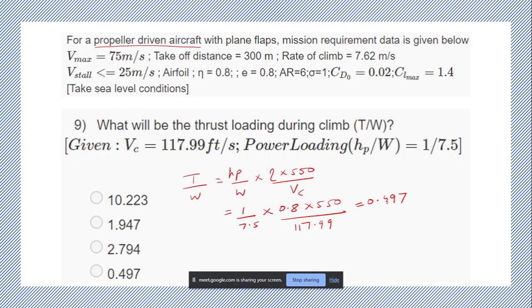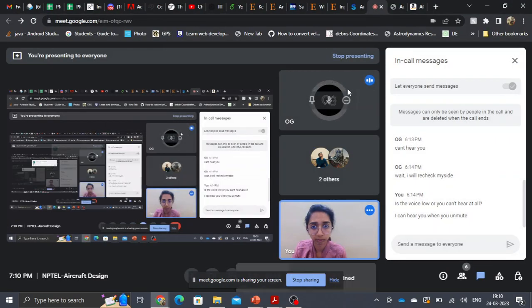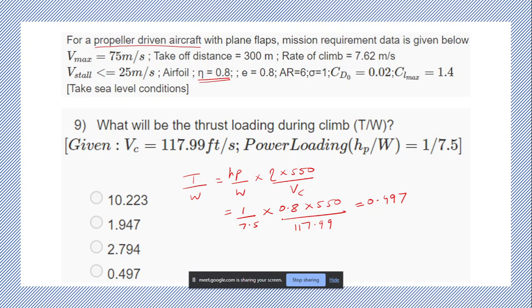Eta is given here, right? Okay, let's just presume that it is the efficiency factor. If you use that, you're getting 0.497. So that is this one.